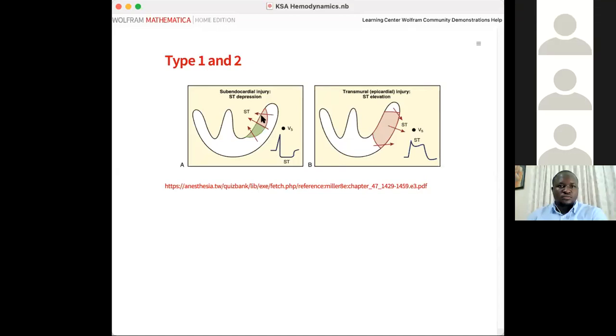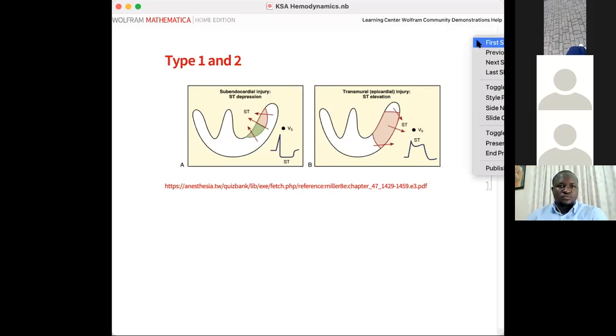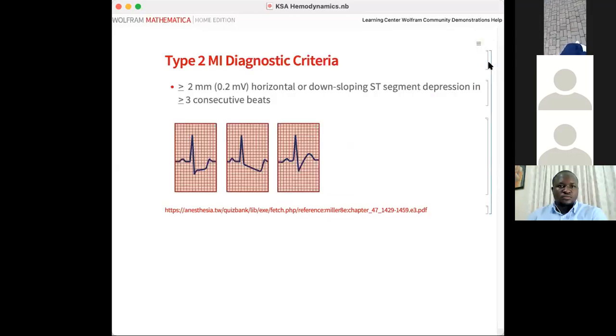And this is the type 2 MI. Type 2 MIs tend to be subendocardial, while type 1 MIs, the ones that are due to coronary problems, may actually be transmural. And so the subendocardial MIs are associated with ST segment depression, while the coronary events that are due to occlusion of the coronaries actually present as ST segment elevation.